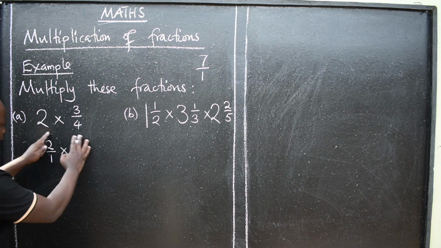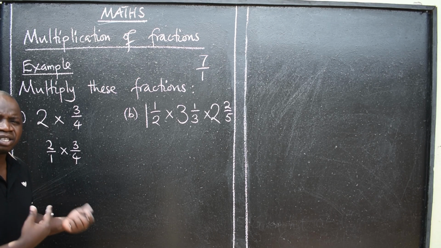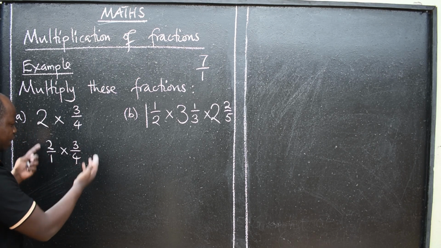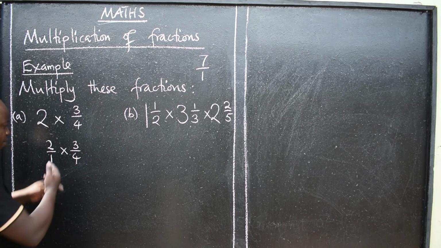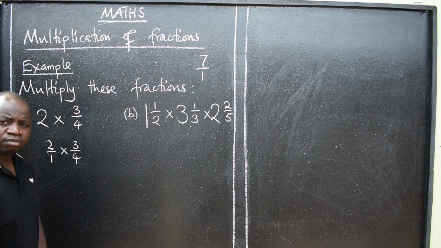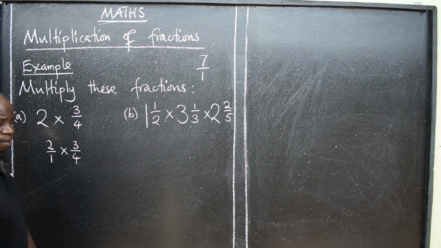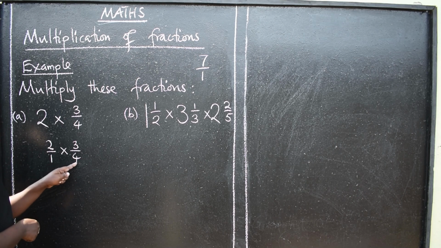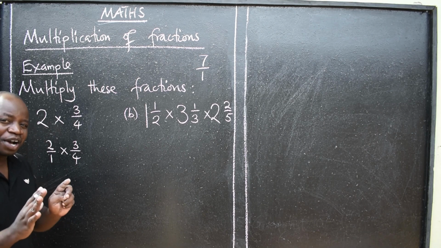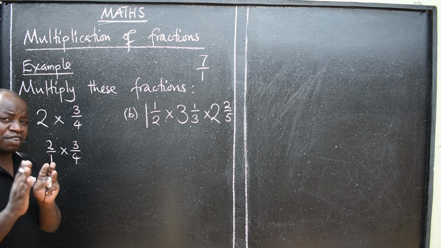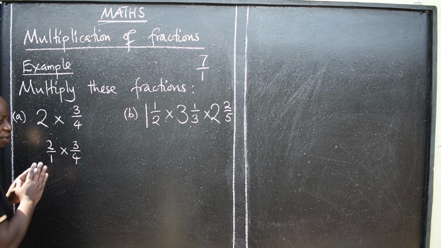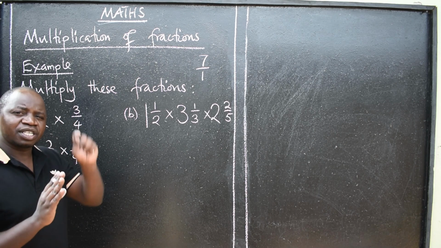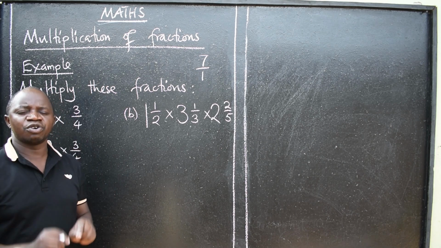So look at these numbers here. Can we cancel some numbers? Do we have numbers that can be cancelled? Yes. 2 and 4. Now, when you are reducing, get me very well here. When you are reducing, we always reduce a numerator and a denominator.